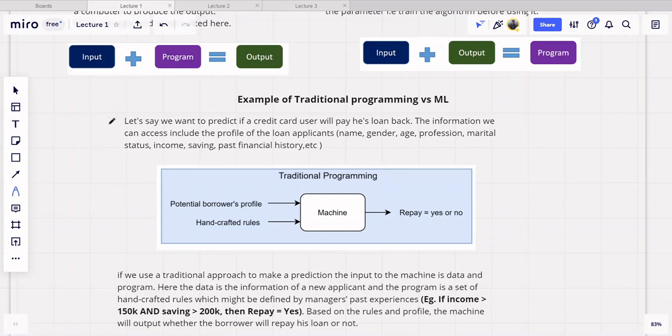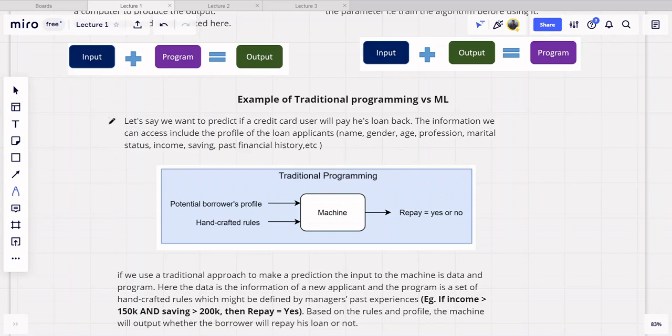Let's say you have data on 1,000 credit card users, and you want to use that data to create a program which will predict if a particular credit card user will pay his loan or not.